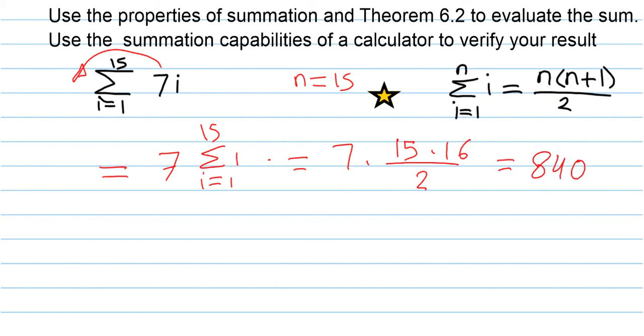The last example in this video is to find sigma i squared plus 4 from i equal 1 up to 10.